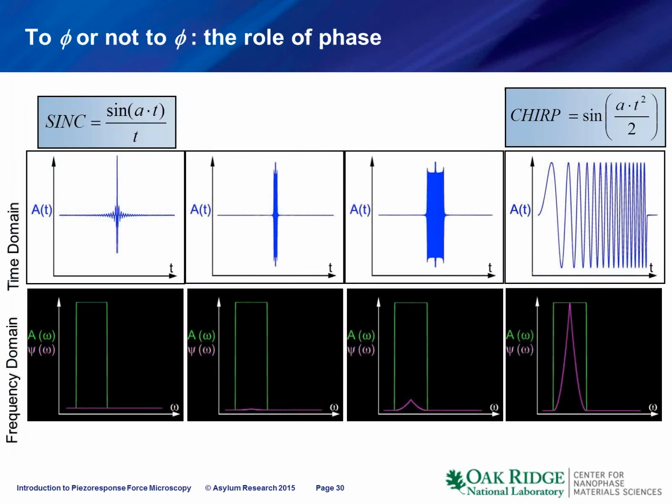So these are several examples. For example, we can control the phase in order to control our excitation signal. If we use one form of the phase distribution, we have what we call a sinc signal, which looks like this. So it is very localized in time, but carries relatively little energy.